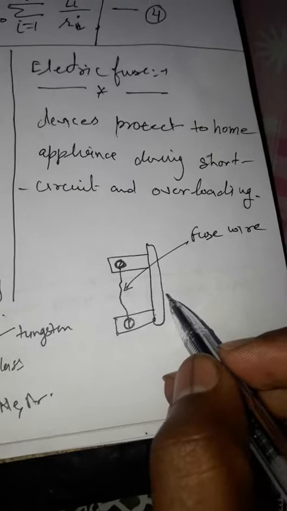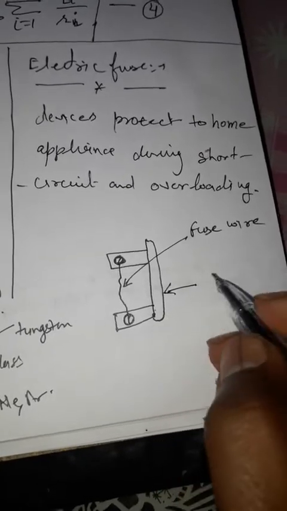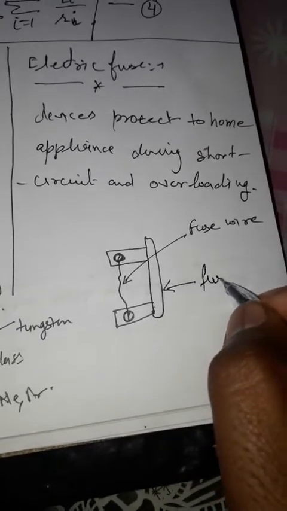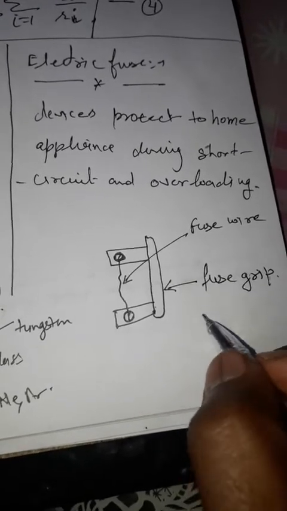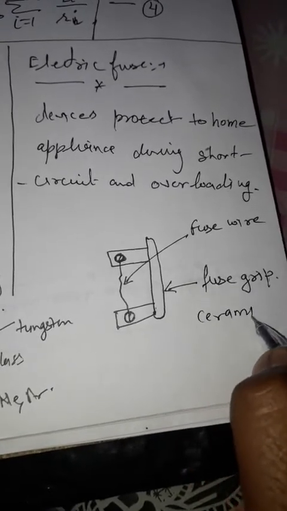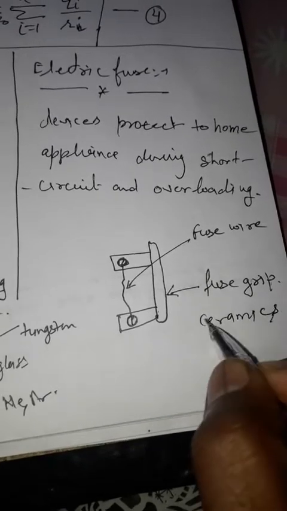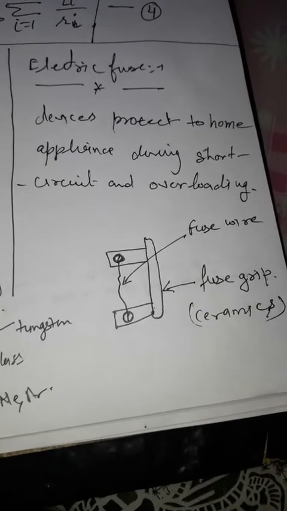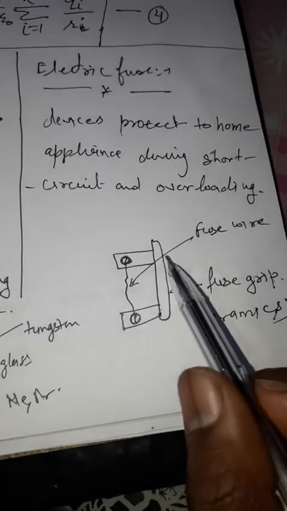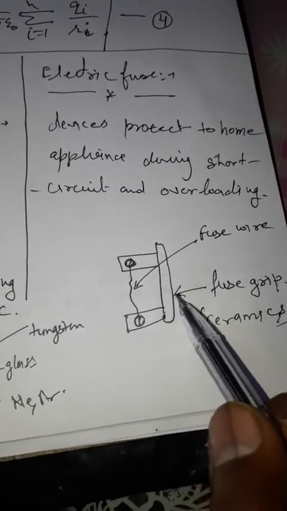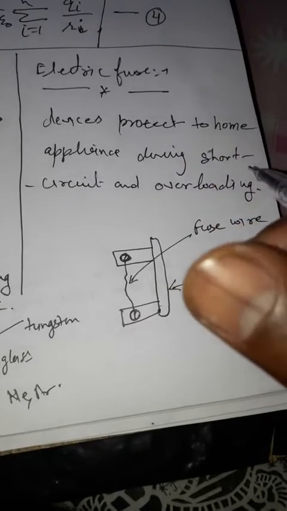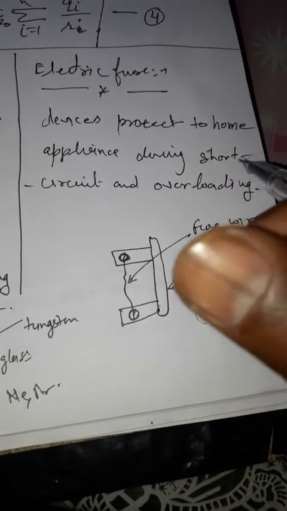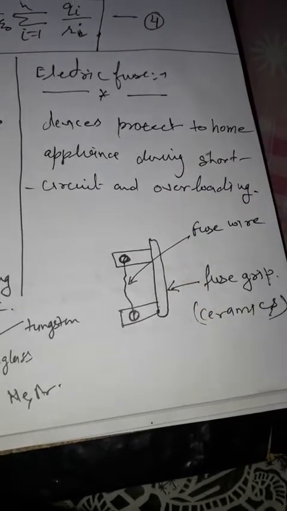This container is called the fuse grip. It is made of ceramics. Ceramics are materials which are basically insulators, so current cannot flow through this fuse grip. So we can easily insert the fuse with the help of this fuse grip in the circuit.